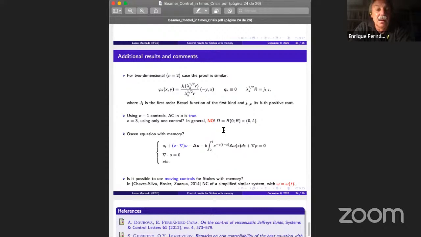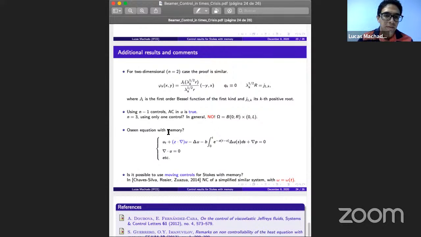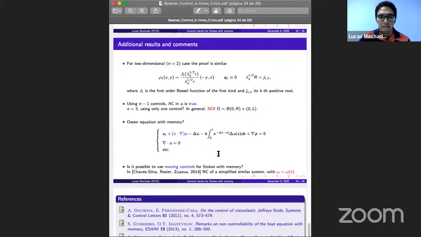Have you looked at the effect of nonlinearity with respect to controllability in this system? Well, for nonlinear systems, I think that we solve the linear systems first because it's the first approximation.